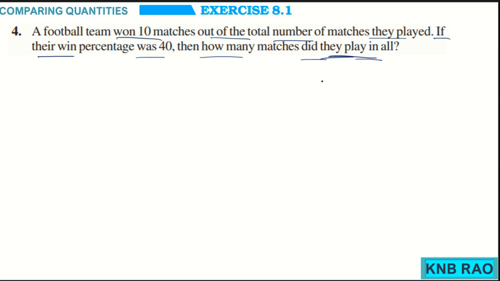See, before starting exercise 8.1, I solved a try this question. In that, the total number of parents surveyed we considered as X. Similarly, here you need to consider an assumption for the total number of matches played.